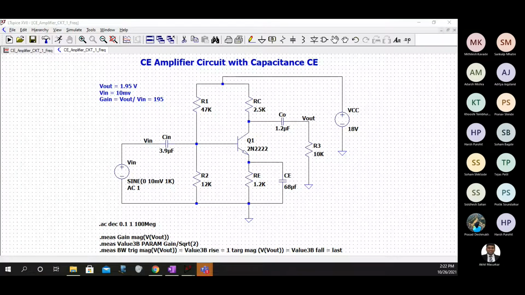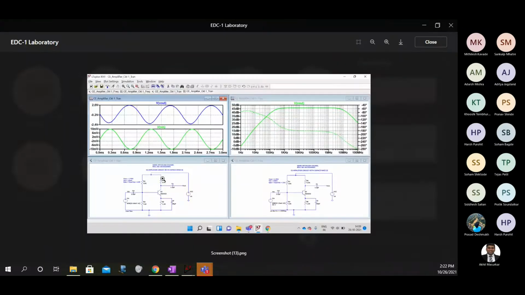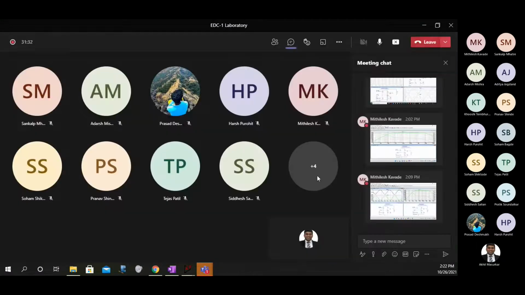Are you getting this? Yes, so I want you all to first post these 4 outputs, okay?